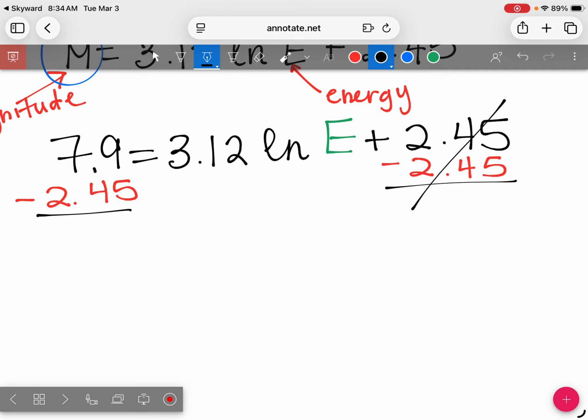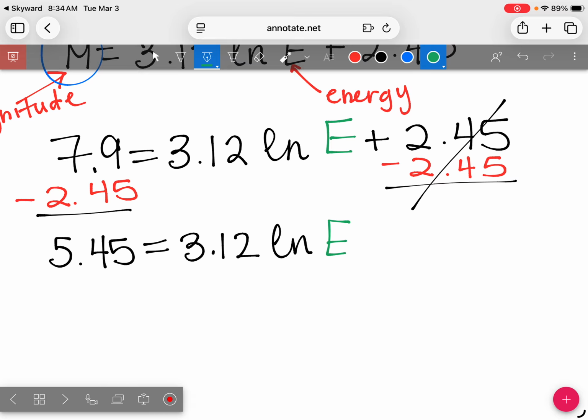Take 7.9 minus 2.45. Johan, what you get? 5.45. Anybody else get that? 5.45. All right, that equals, I'm going to bring down the rest of this equation.